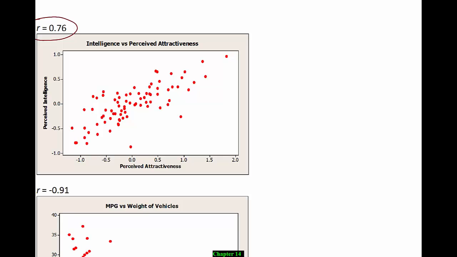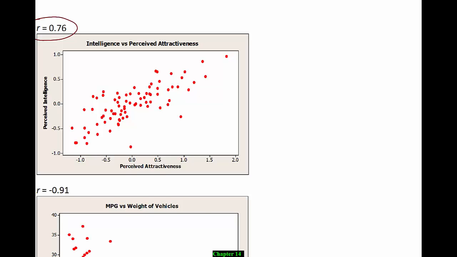The 0.76 is closer to 1 than to 0, so it's a pretty clear linear form. This correlation would be even higher if we could remove this value and this value. Those two values are probably making the correlation much lower than all the other points. If those two points were removed, this correlation would probably be closer to 1.